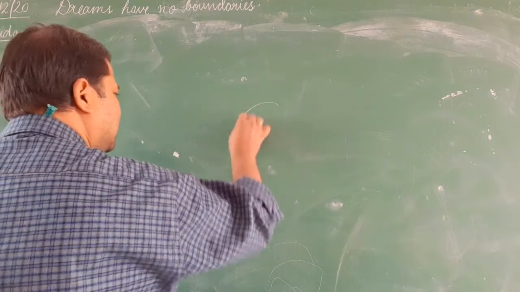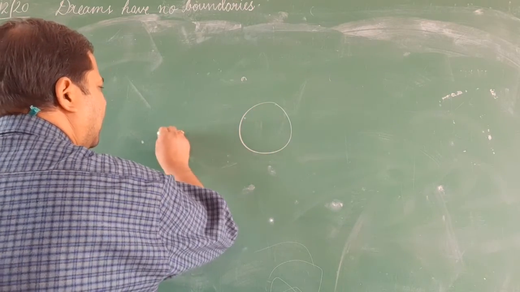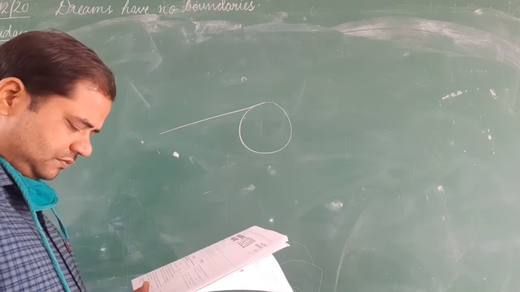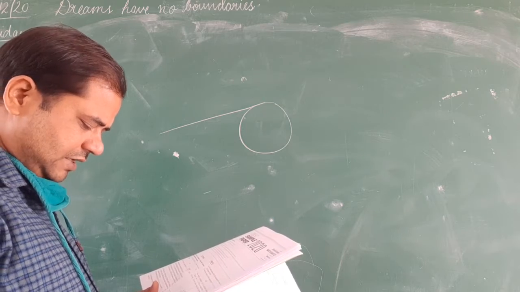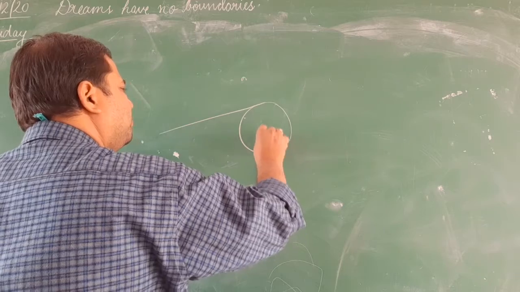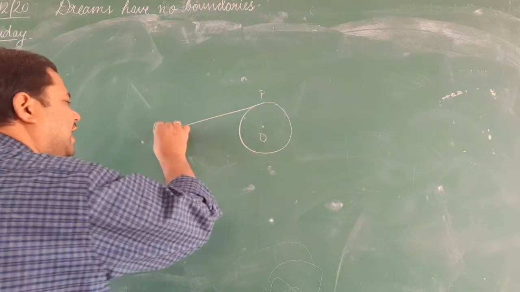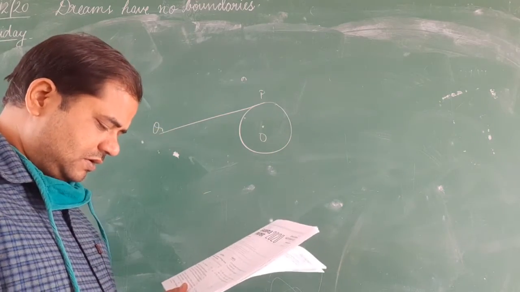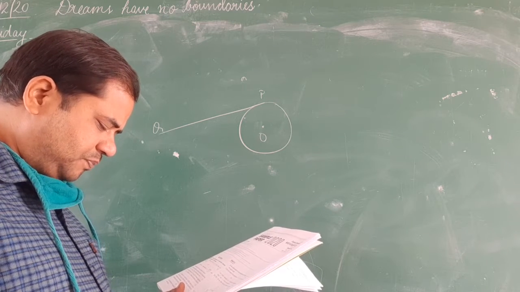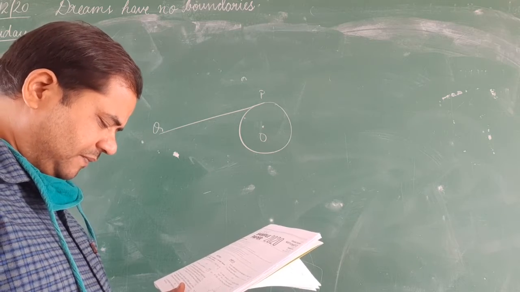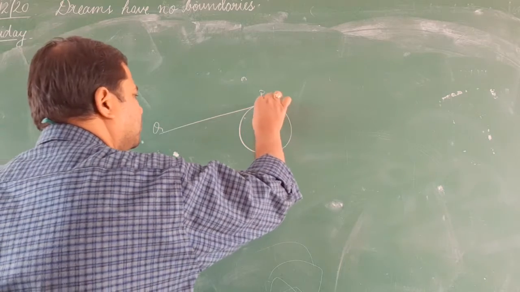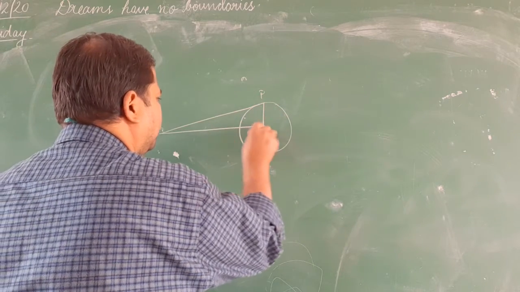Again see, this is the circle and this is the tangent to the circle. PQ is the tangent to the circle with center O, at point P. So triangle OPQ. See?